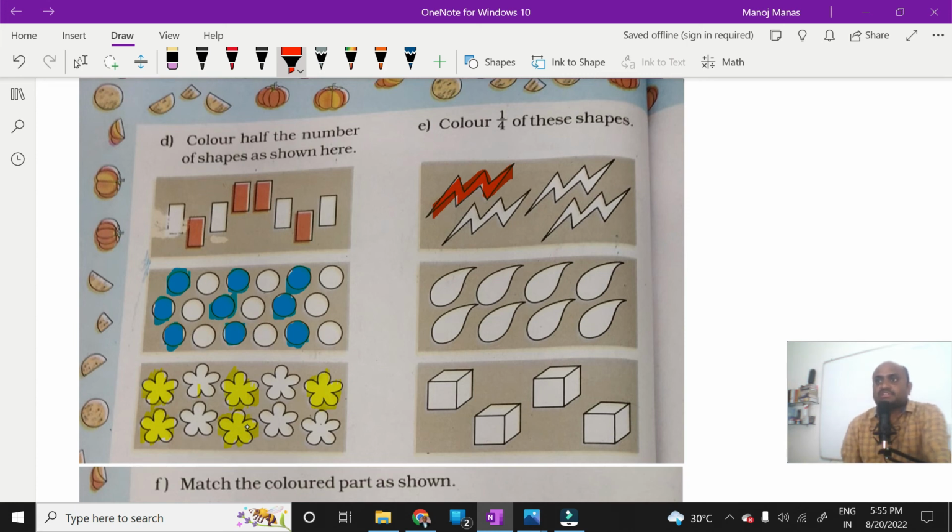And similarly here, you count how many are there, and then from that you take only 1/4 part of that one. So here we have 4 pairs: first pair, second pair, third pair, and fourth pair. So draw it for only the first pair.